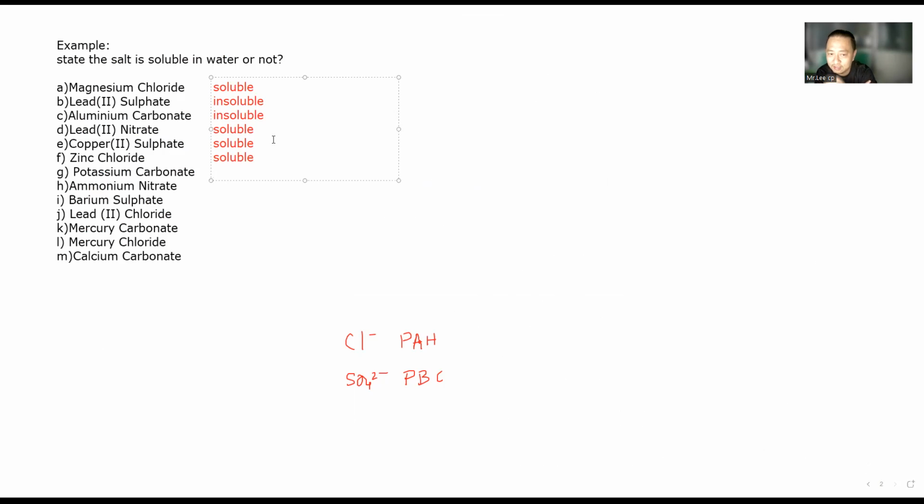Potassium carbonate. This one is hard, right? All carbonate not soluble, but there is the exception. This one soluble or not soluble? Help me. Carbonate is not soluble, potassium is soluble, then how? Soluble.